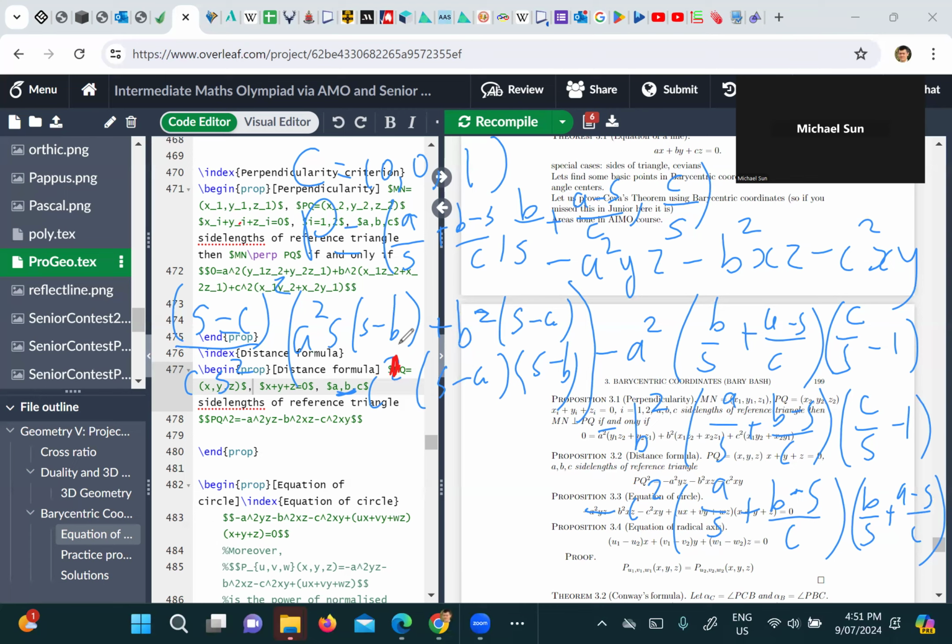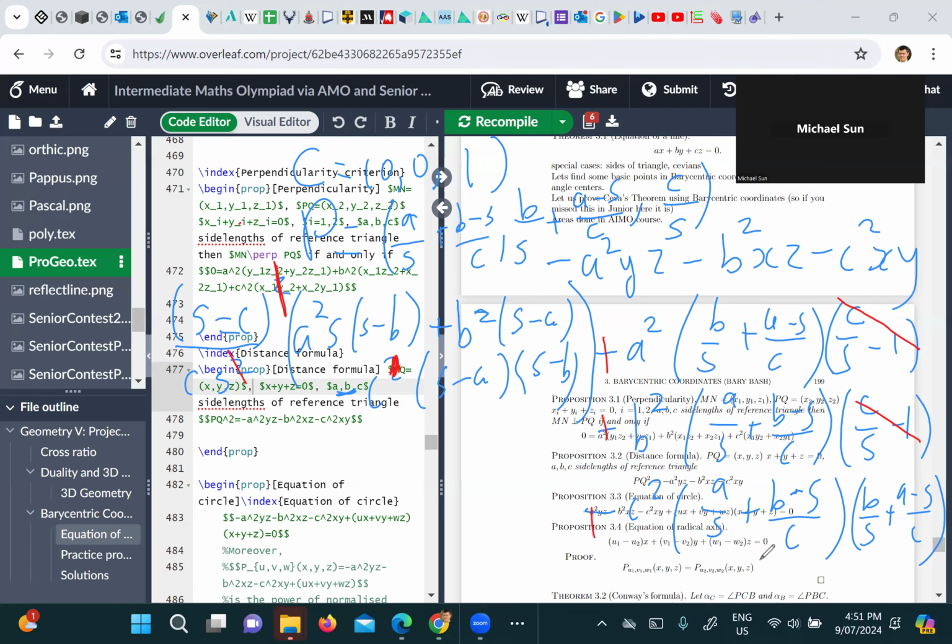If we can cancel one of the S minus C's, with the minus sign and one of these, and the S can cancel with the S. Oops, I didn't cancel it here. But remember these things? They actually have S minus C's in them.